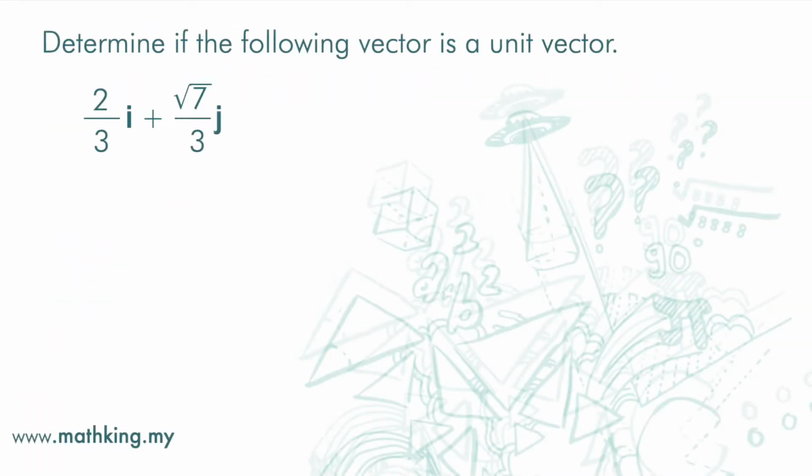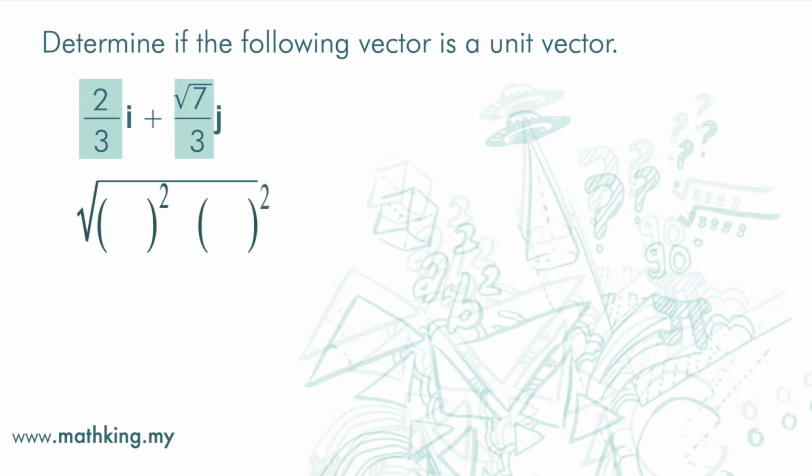Determine if the following vector is a unit vector. A unit vector is a vector with a magnitude of 1. If this one is a unit vector, then the square root of this, 2 over 3 squared plus square root 7 over 3 squared, must equal 1. Let us see.